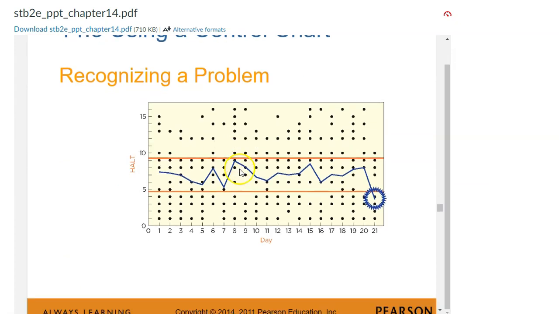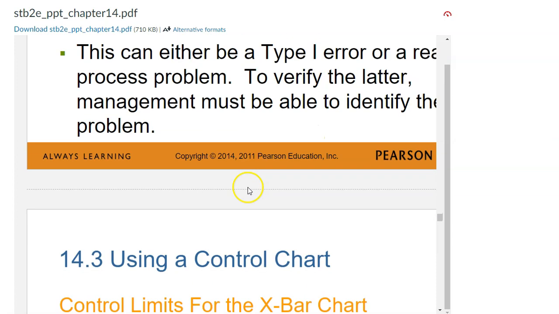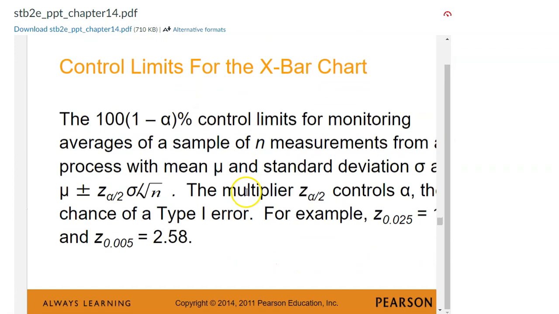Okay, so I think it's a good time for us to check an example on JMP, and to do that, let me show you the formula as well. This formula is actually the same formula as what you learned in confidence intervals, if you remember.